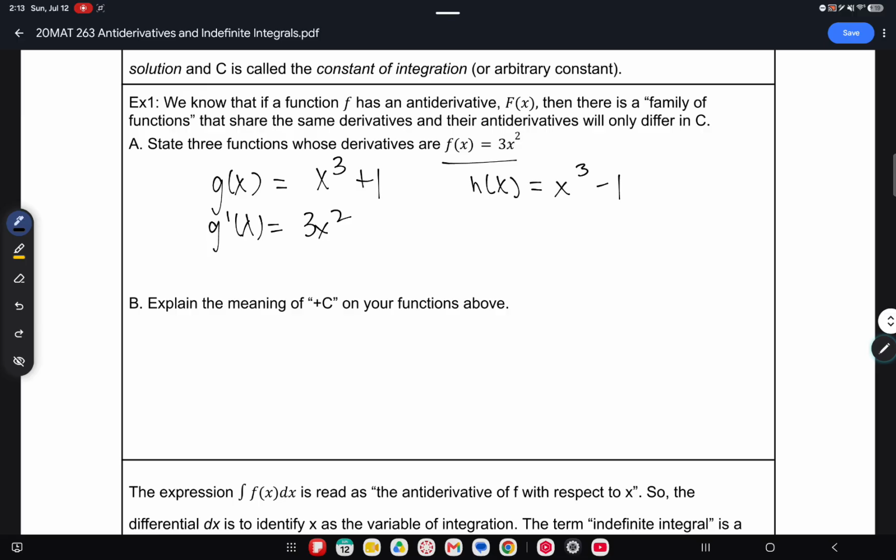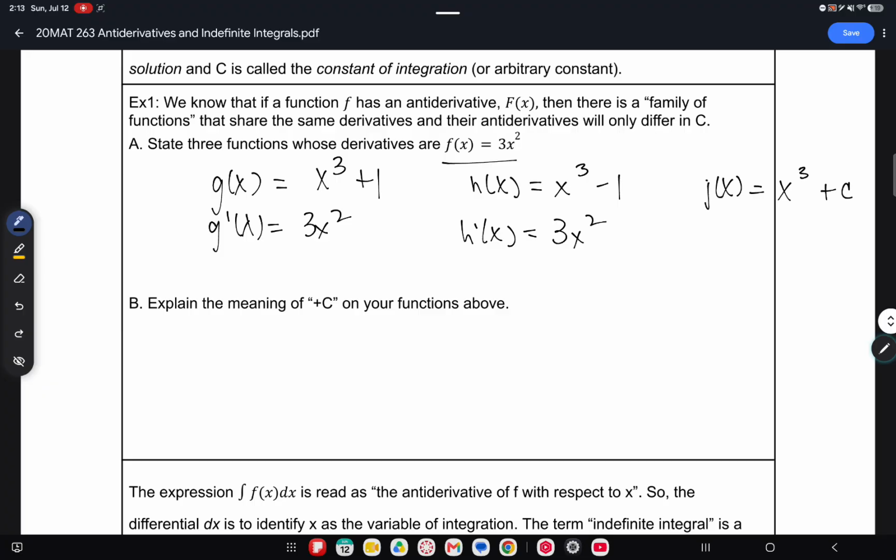You could do x cubed minus 1, because that derivative would still give me 3x squared and plus 0. So really any function, let's do j of x, could be x cubed and then plus c.